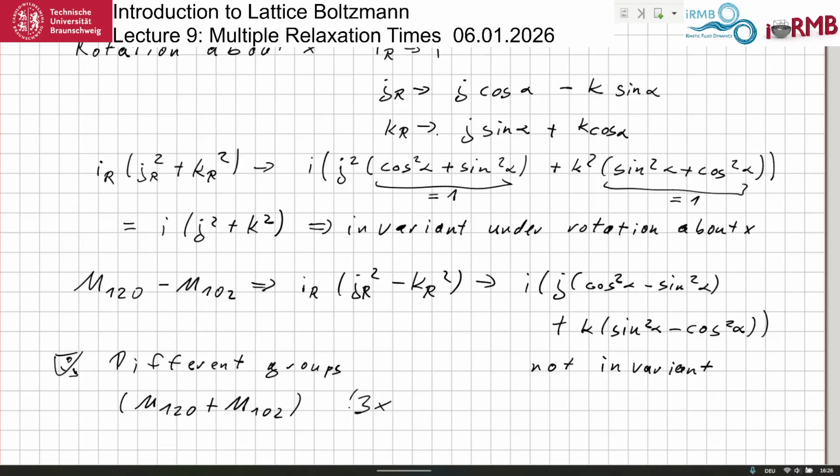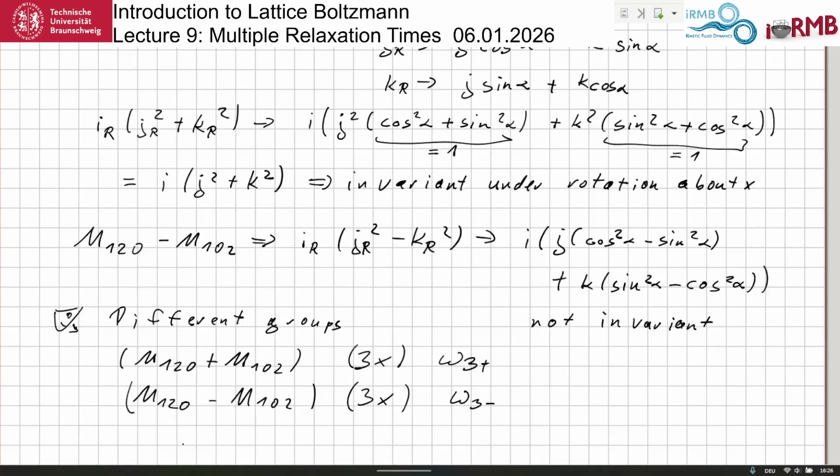Of these we have three, and we give them the relaxation rate omega 3 plus. And then we have M120 minus M102, three times, and this is omega 3 minus. And on top of this, we also have M111, which we give omega 111.